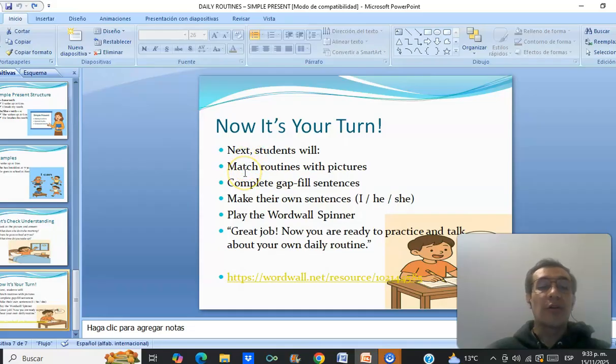And we are also gonna do a writing activity, match routines with pictures. You are going to complete gaps, fill sentences, make your own sentence about your personal routine. Play the word wall spinner that I have created. Here we can see the link.